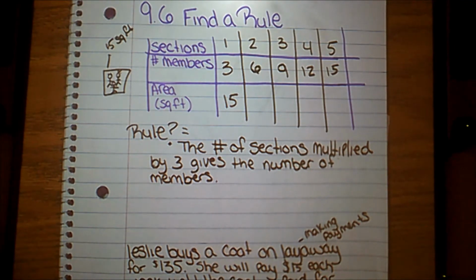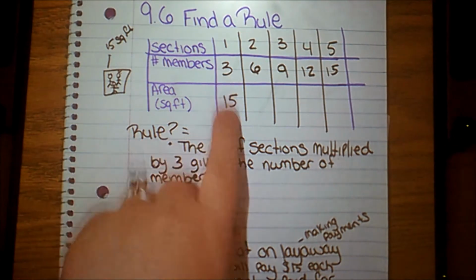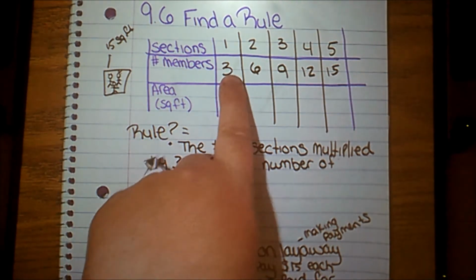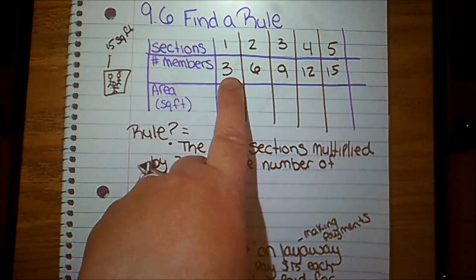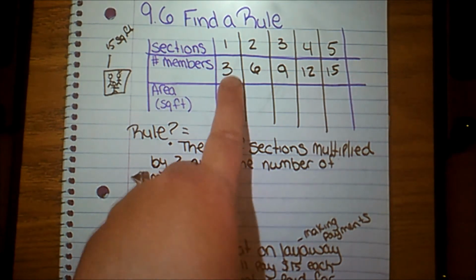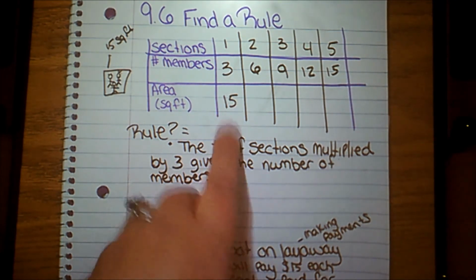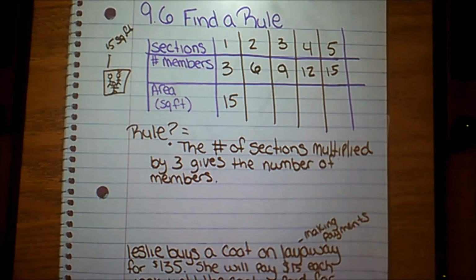Now I need to come up with a rule on how I'm going to go from these members to the area. I know for every 3 archaeological members or people, they'll be working on 15 square feet of area, looking for those dinosaur bones. So I'm looking for a correlation between my 3 members and my 15.